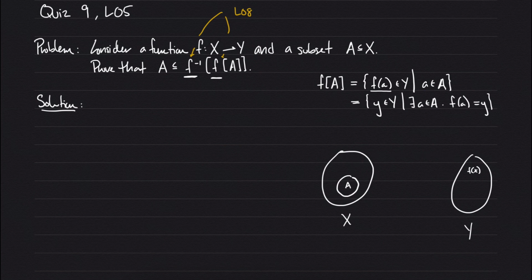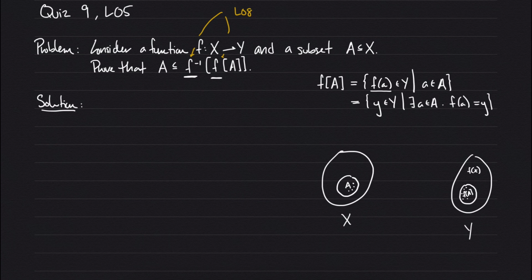So we have our subset A, and we're thinking about f of A, which is the subset of Y that we get by sending each one of these elements in A to whatever f does to them.